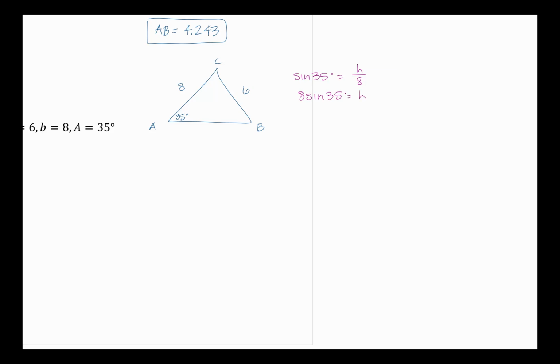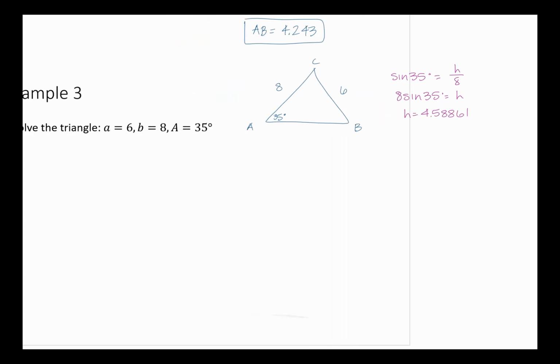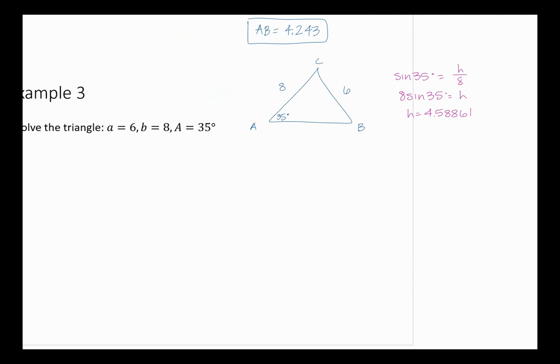And so when I plug it into my calculator, I find that my height is 4.58861. And so when I compare that to these values, I see that h is the smallest, followed by A, followed by B. So I have 4.6, for example, then 6, and then 8.